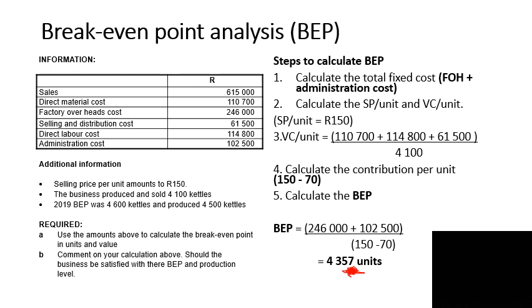So we are going to disregard here the method of rounding off from maths. If there is a fraction of a unit that we need to produce, we simply produce a whole number. That is why now we have 4,357 units. So you need to remember that whenever we are calculating break even, let us try to use whole numbers.